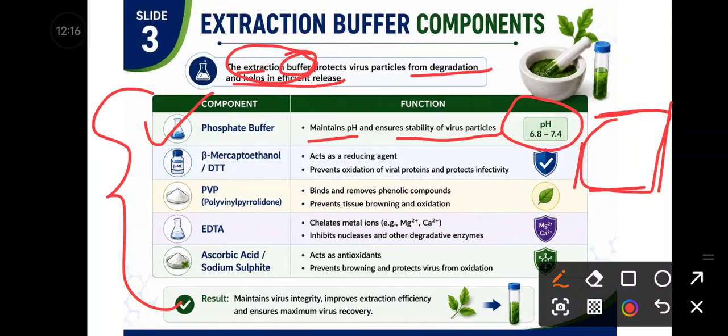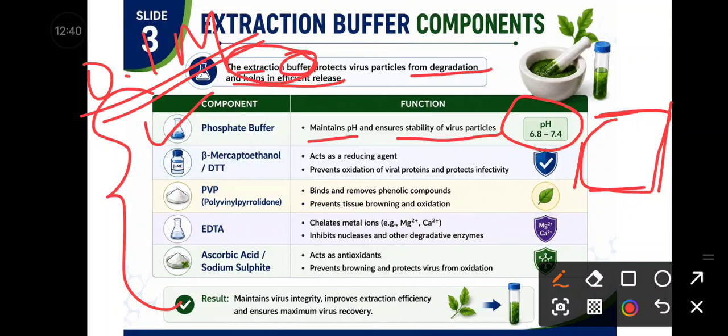If the pH is alkaline, it enhances the virus stability. So remember this point: the pH should be 6.8 to 7.4. Mostly 0.1 molar phosphate buffer is used.